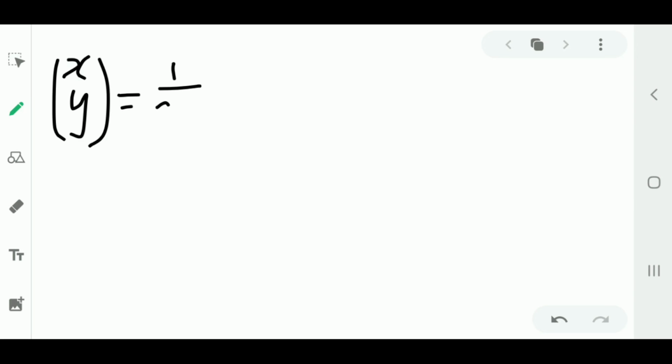So we leave the 1 over 23 here, and first we need to know if these are compatible to multiply. We have a 2 by 2 and a 2 by 1, so of course they are compatible, and you'll get a 2 by 1 matrix.